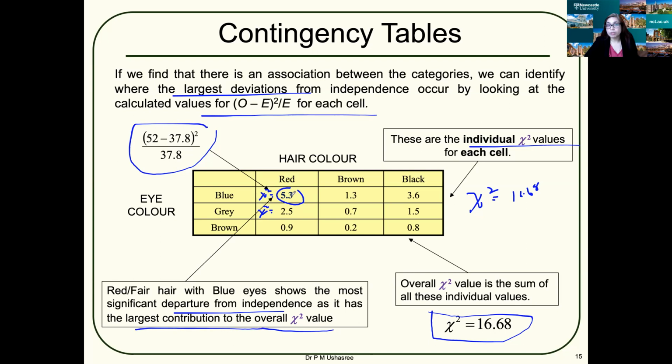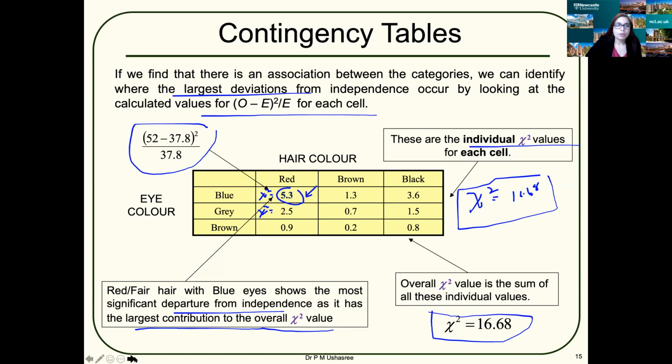Look at that, 5.3 is the largest value here, and hence has the largest contribution to this sum of chi-square values, towards the total value of the chi-square statistic. So that means this is the cause of the deviation from independence.